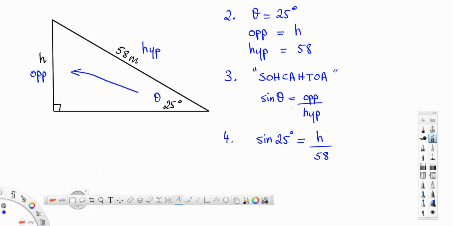So sine 25, if you do sine 25 on your calculator, and I'll just get a calculator and do it.